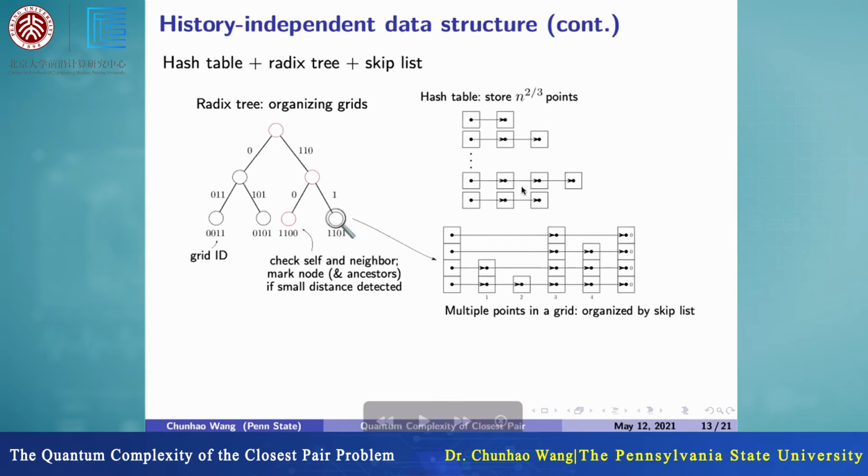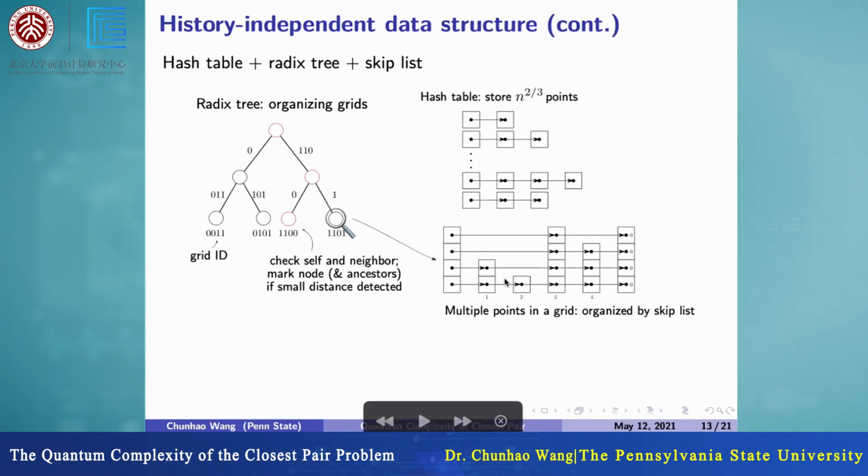Then inside each grid, we use a skip list to store the points. The skip list is a randomized data structure, so the expected time for a search is log n.